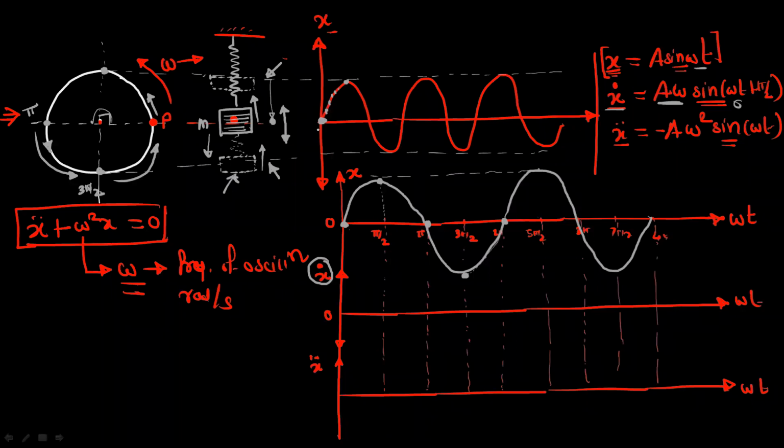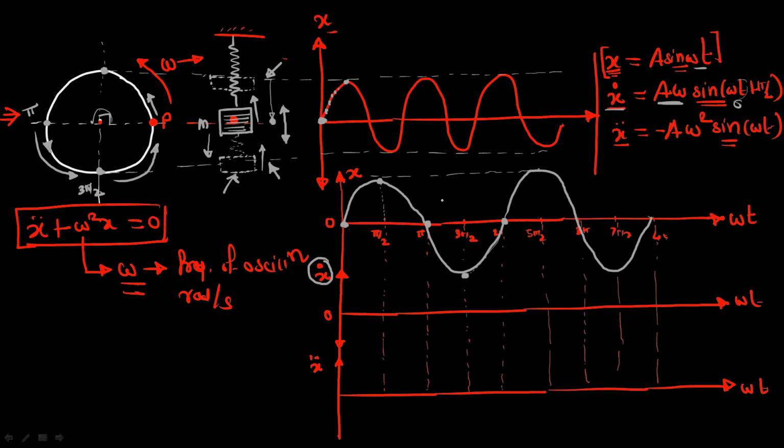That means when the particle in simple harmonic motion is at the equilibrium point, its velocity is not 0. It is the maximum velocity. Therefore at omega t equal to 0, you will get the value a omega.